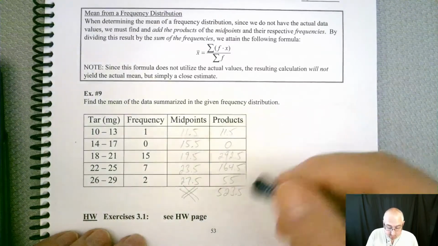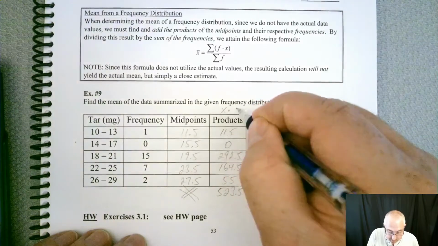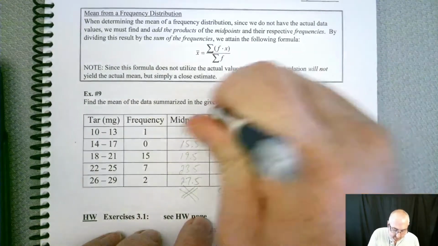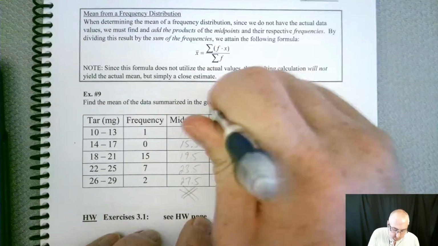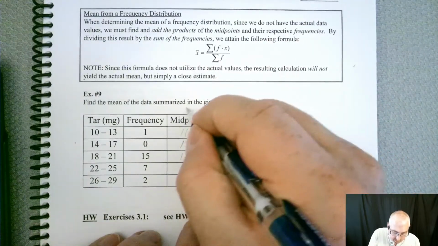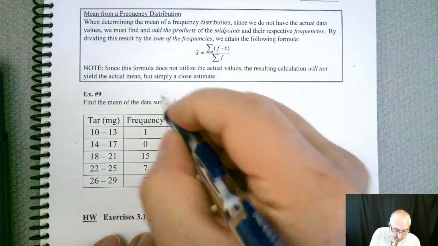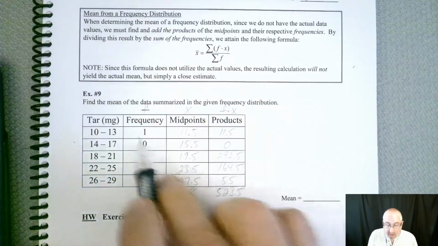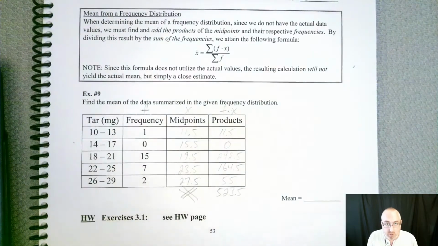So products is really a product of x times f or f times x, either way you put it. If you want to match the formula, we'll just write it the other way around. F times x. Midpoints are like your x's and the frequencies are your f's. So only add up the columns with f. Those are the ones you need.